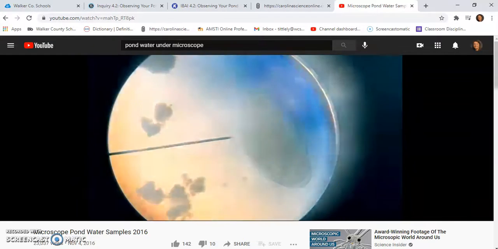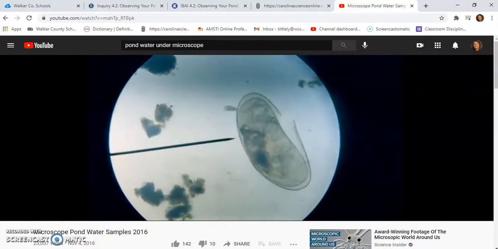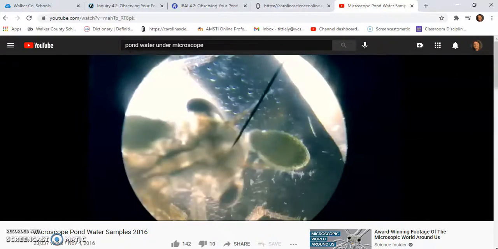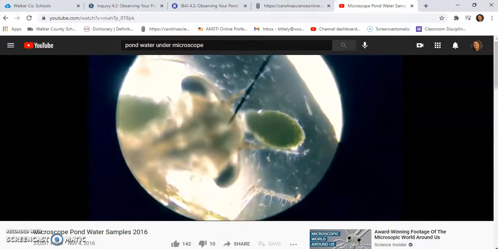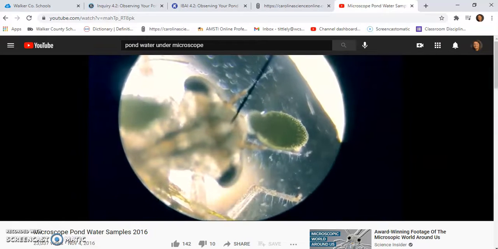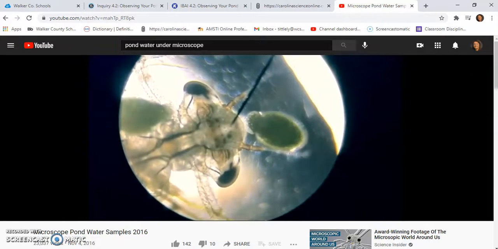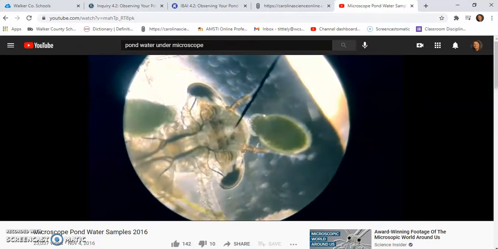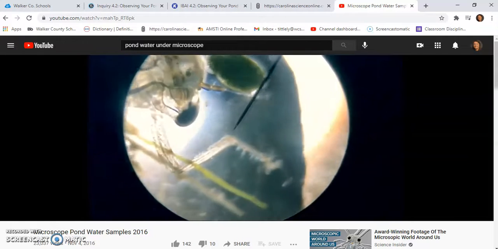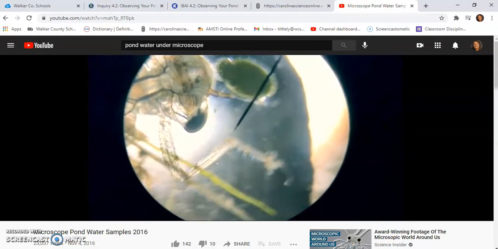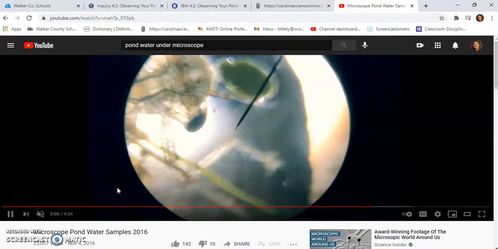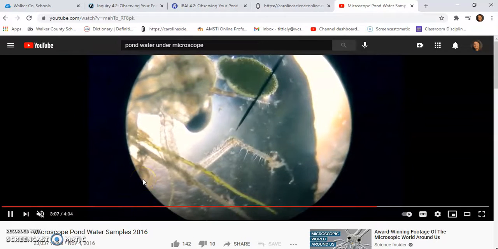Looks kind of like an egg with something inside that may be about to hatch. Let's see what we see on this microscope. Ooh, that looks like an insect larva. And that looks like that's probably on like 400x. You can see its leg there in front of the pointer.